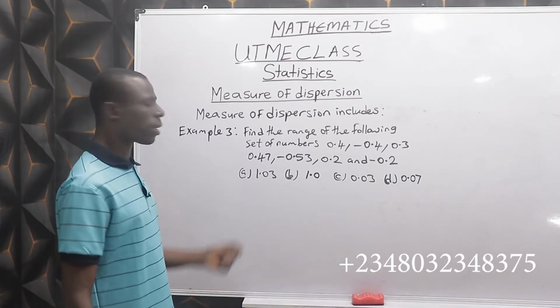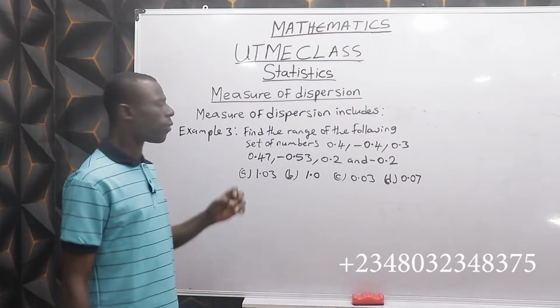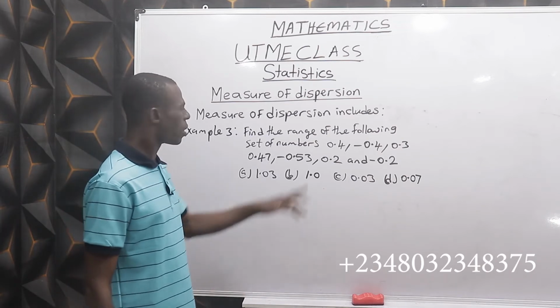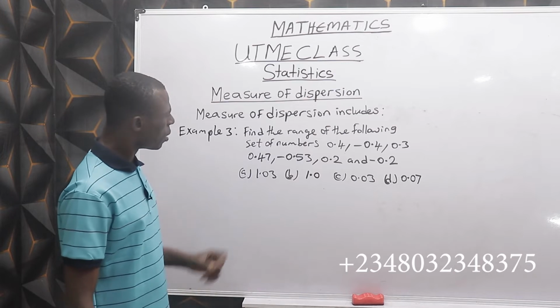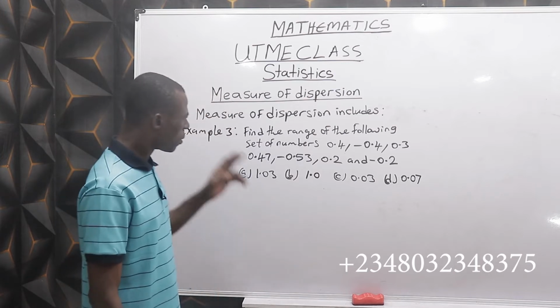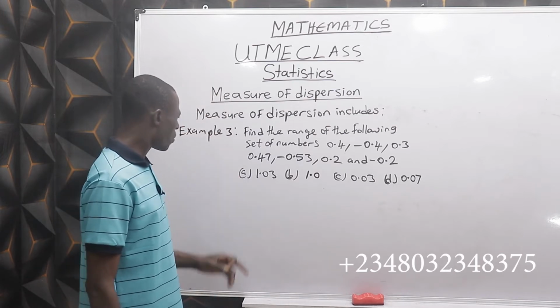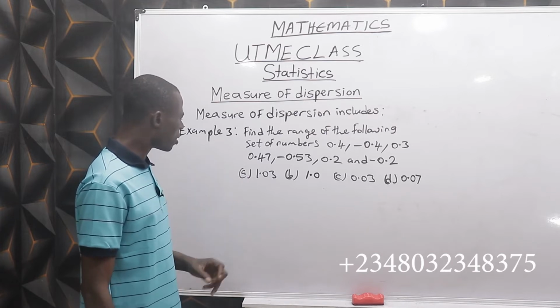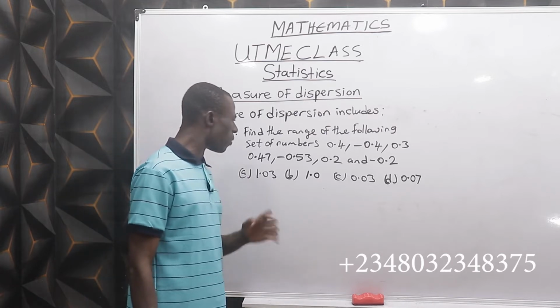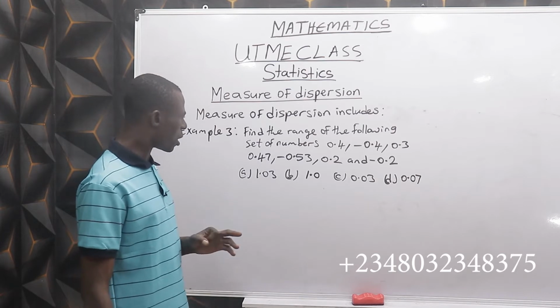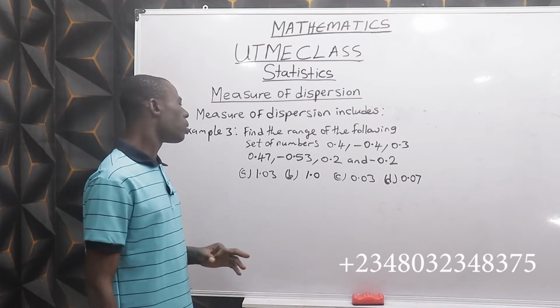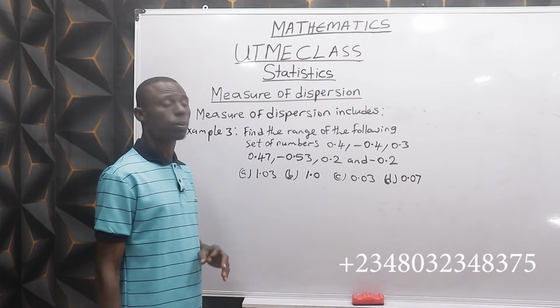Let's consider example 3. Find the range of the following set of numbers. 0.4, negative 0.4, positive 0.3, 0.47, negative 0.53, then positive 0.2, and negative 0.2.